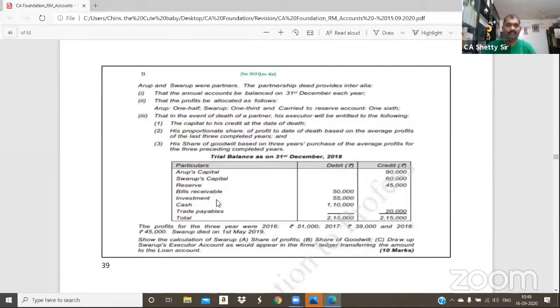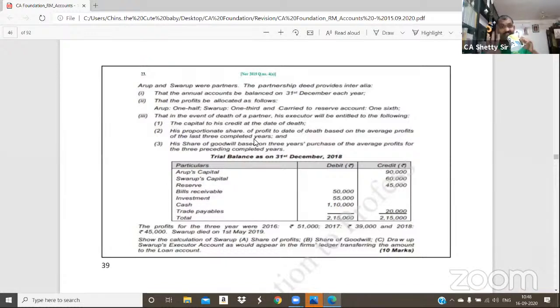So now one by one, whatever the question they have given, let us just work out. Proportionate profit of the deceased based on the average profit of the last 3 years. Next, proportionate profit based on last 3 years average. Answer.